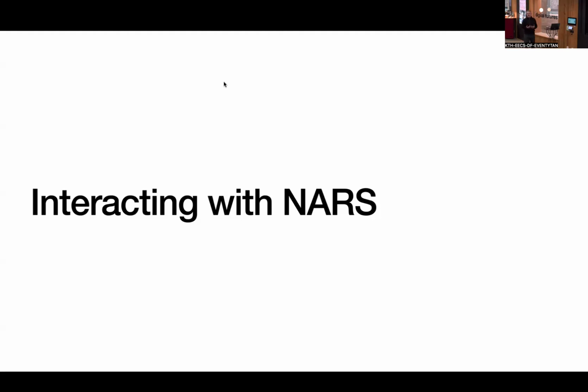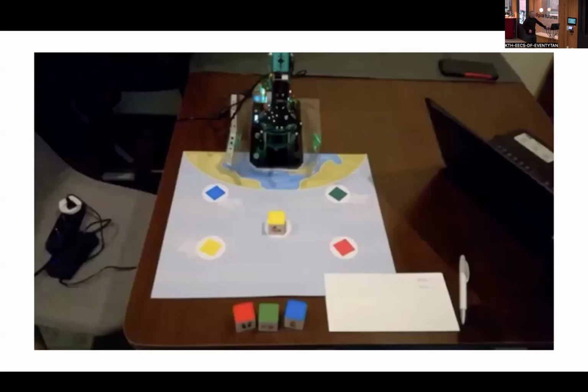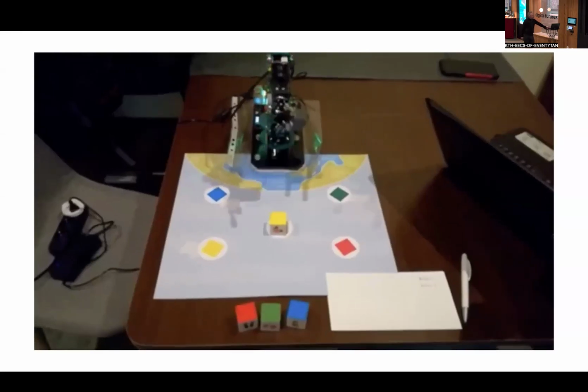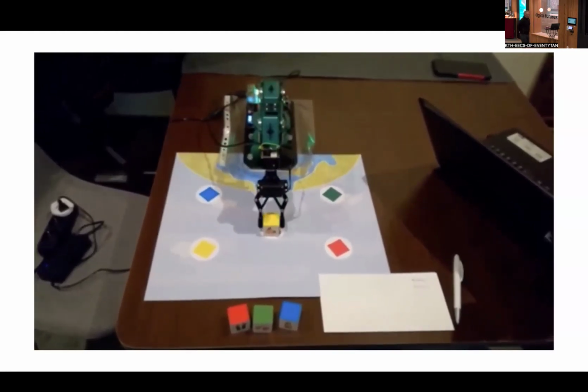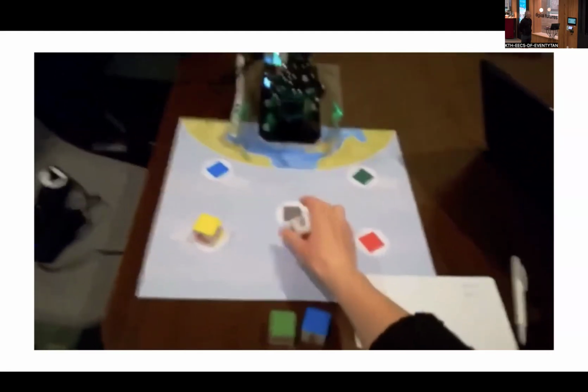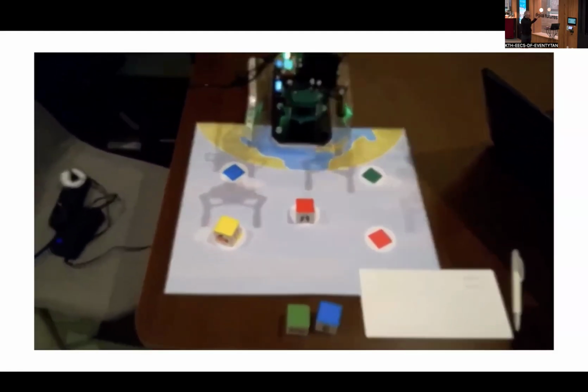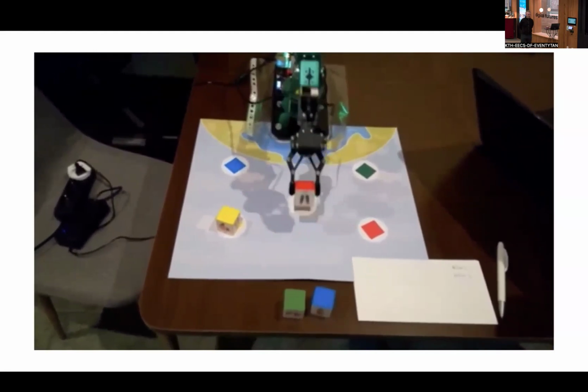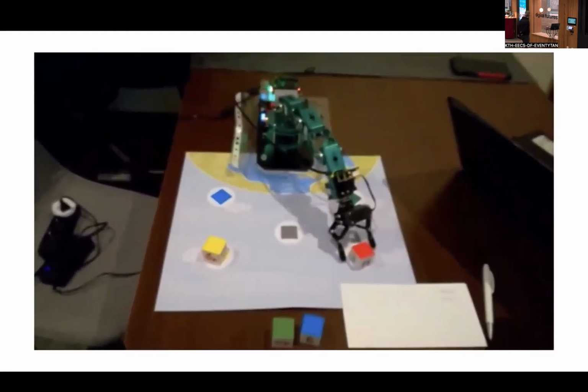So then the question becomes, how do we interact with this organism? Let's say, for example, that NARS was running on a robot like this. This is a robot that can pick colored objects and has for some reason been trained to put them in another place.